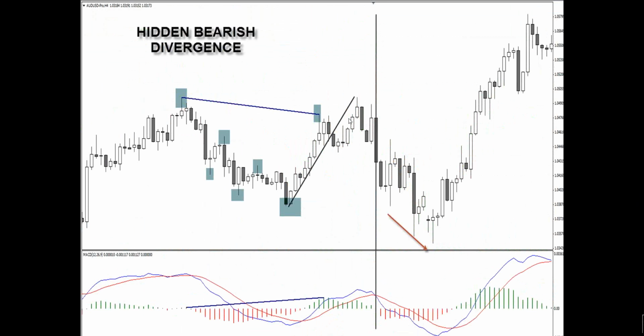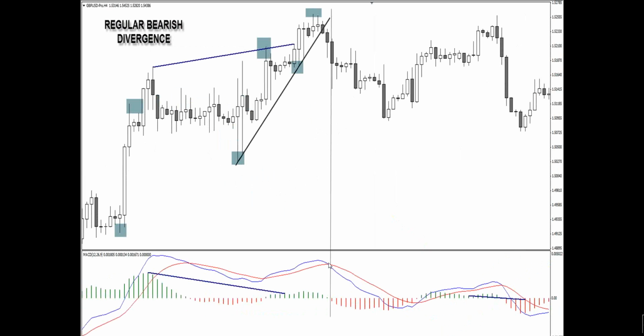But my personal preference is to use histograms, and always use histograms for spotting divergence, but also use trend lines. They're a little bit better because they will give you an early entry for divergence, while MACD can be a little bit laggy for entry.